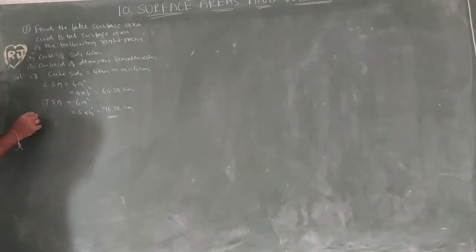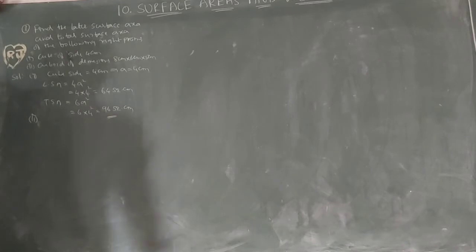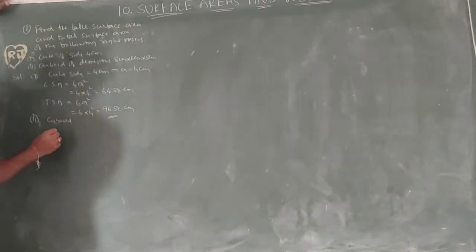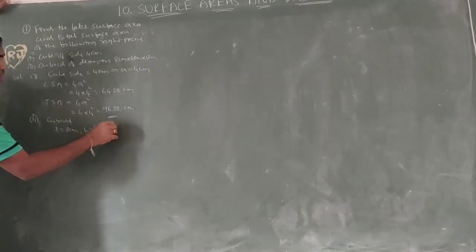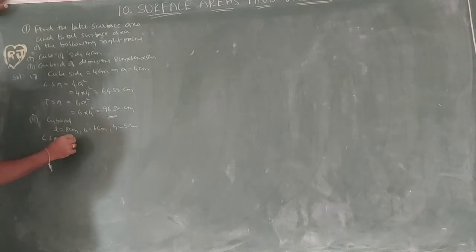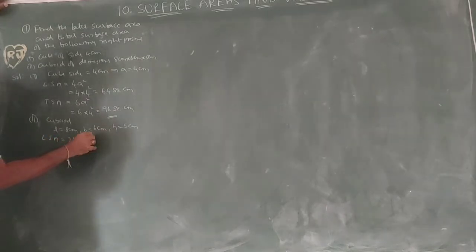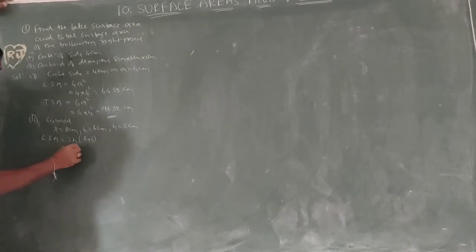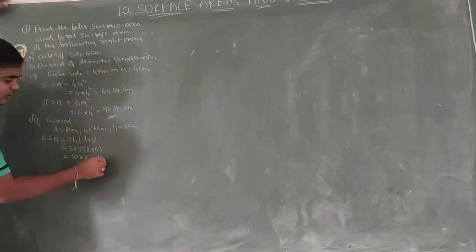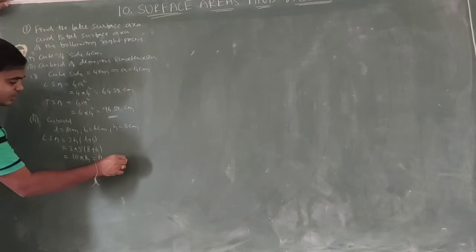Next, second, cuboid with the dimensions. So L equal to 8, B equal to 6 centimeters, H equal to 5 centimeters. Lateral surface area 2H of L plus B, 2 into 5 of 8 plus 6, 10 into 14, 140 square centimeters.